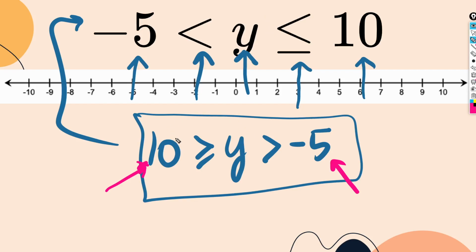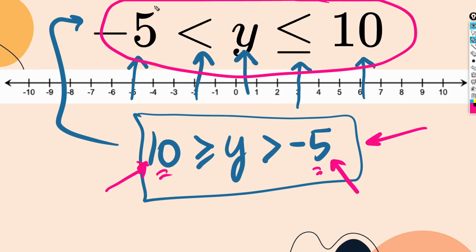So, kumbaga, if you have two different quantities here, say 10 and -5, I should expect the smaller one to be on the left and the larger one to be on the right. Diba? Kasi ganun din naman ang behavior ng real numbers sa number line. No? Again, although technically this is not wrong, it's not a conventional way of writing our inequalities. Ito nasa ibabaw. No? Nasa kaliwa yung mas maliit at nasa kanan yung mas malaki.